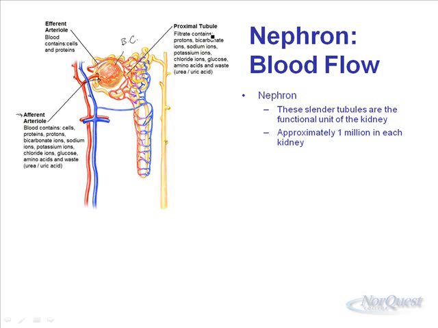If we take a look at what's inside the proximal tubule, it contains protons, which are hydrogen ions, bicarbonate ions, sodium ions, potassium ions, chloride ions, glucose, amino acids, and waste, or basically all of the small molecules that are normally in blood get forced out into the proximal tubule.